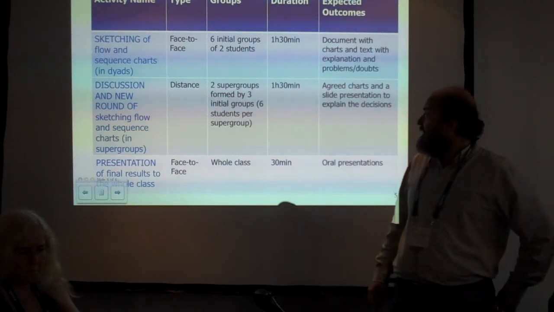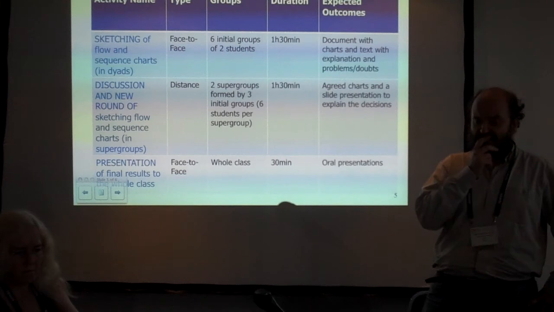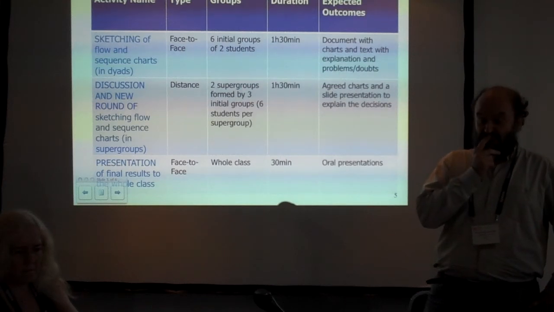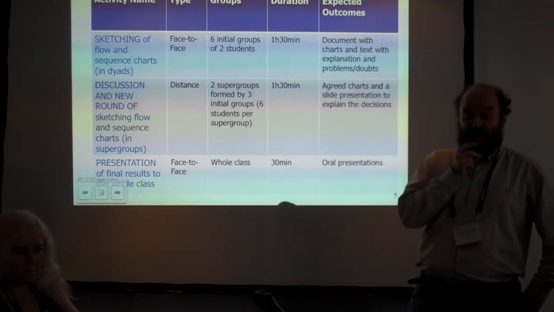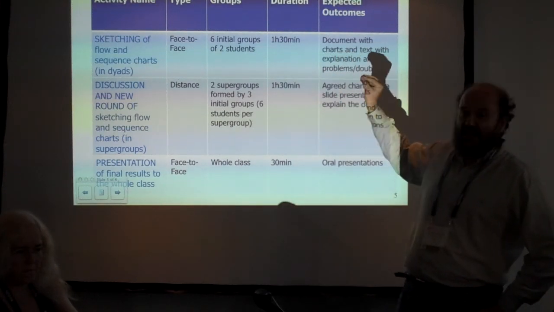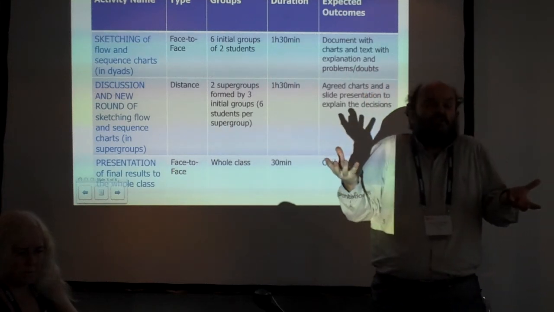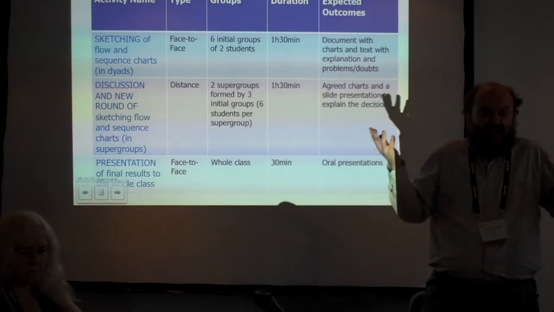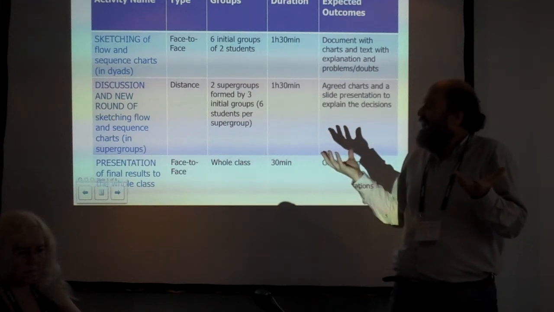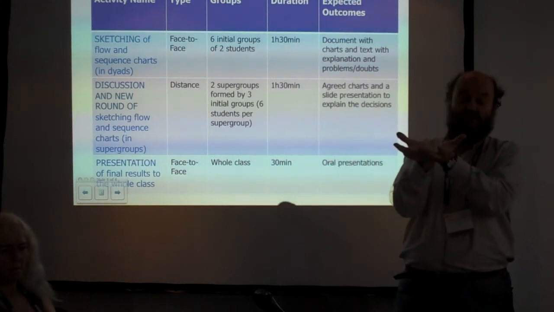So, this is one example of a course in network programming, where people have to do flow and sequence charts, so that people normally have to face a difficult problem, and they have to share at least the ideas and reach a consensus on what's the best solution.